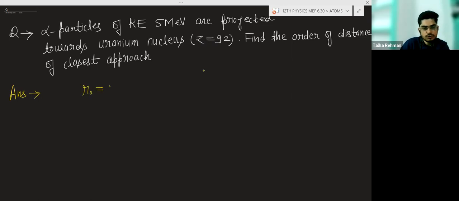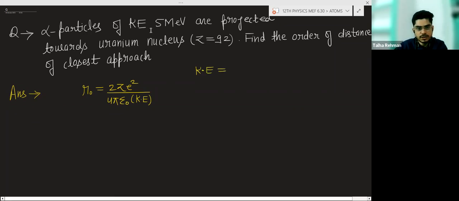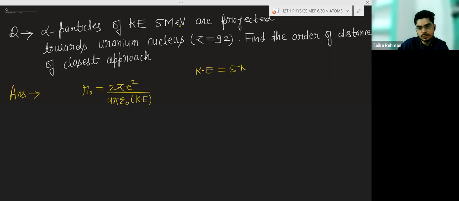R0 is equal to 2 Z E square divided by 4 pi epsilon naught times the kinetic energy of the alpha particle. The kinetic energy of the alpha particle is given as 5 mega electron volt, and atomic number Z is given as 92.